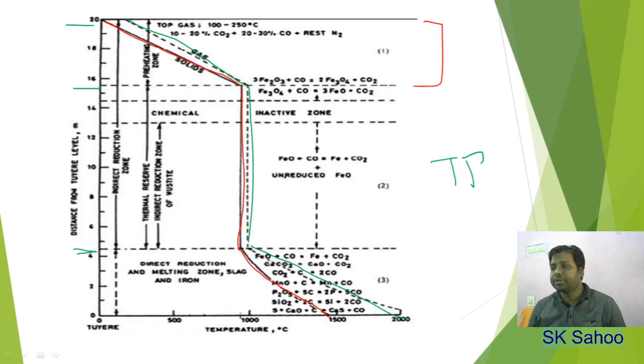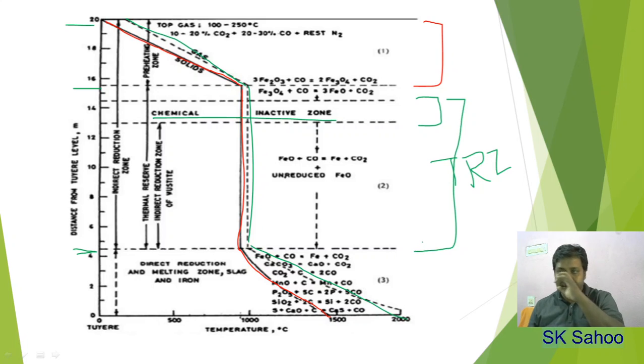That means the temperature is not changing with height. Within this thermal reserve zone there is a chemical reserve zone, or chemically inactive zone, where the iron oxide, that means FeO, and the carbon monoxide gas are in equilibrium. So this is also included in the thermal reserve zone, or the middle zone.